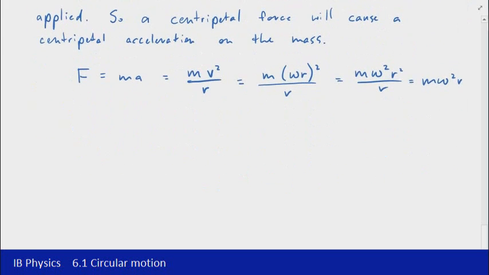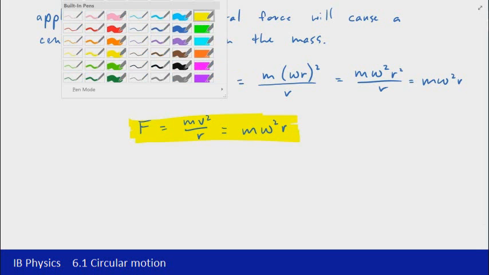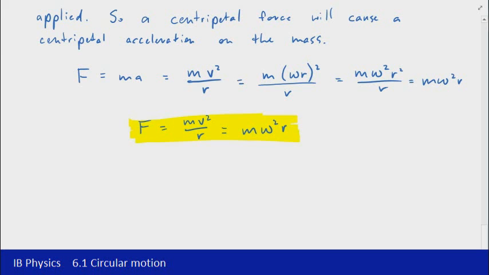So to highlight the equations that are in the data booklet, F is equal to m v squared on r, which is equal to m omega squared r. Again, we can write the force in terms of the angular velocity rather than the linear velocity. Now, the centripetal force can be provided to an object in a few different ways. We'll have a look at some specific examples in the next video.